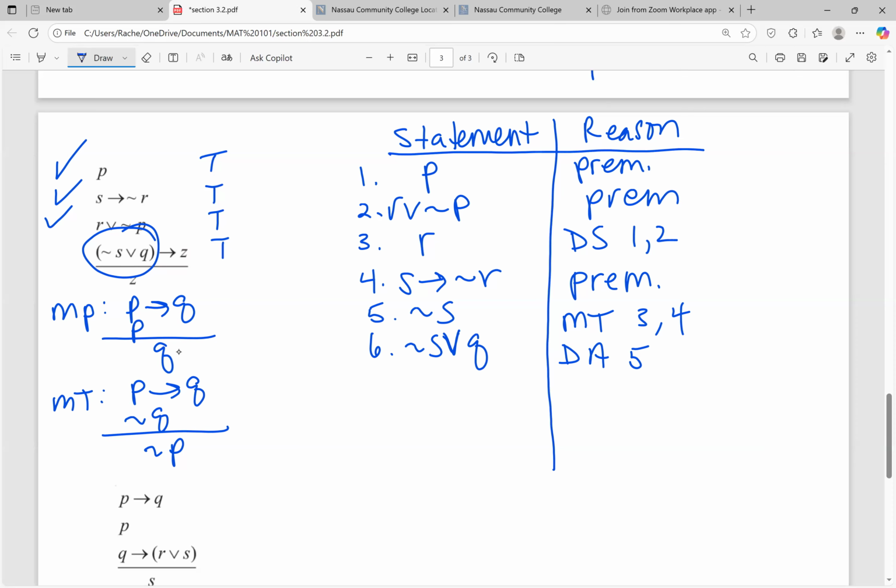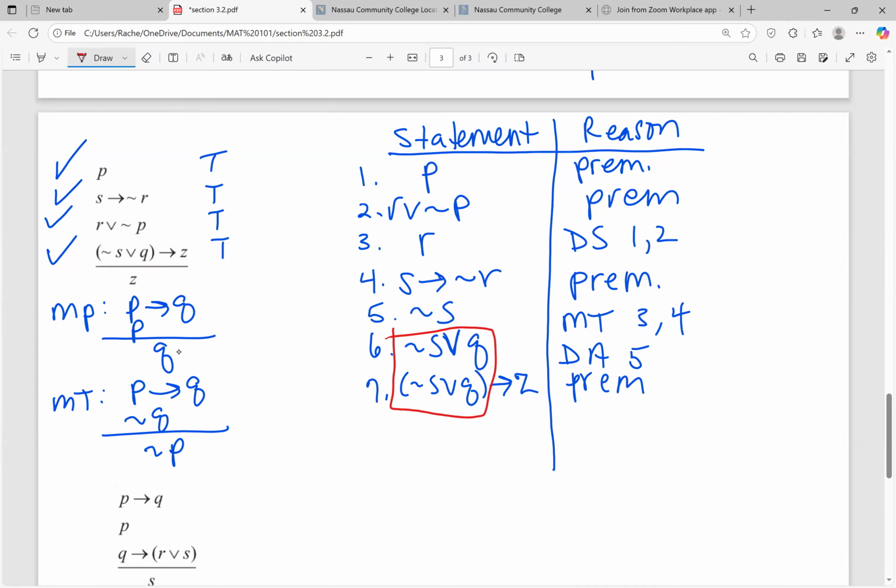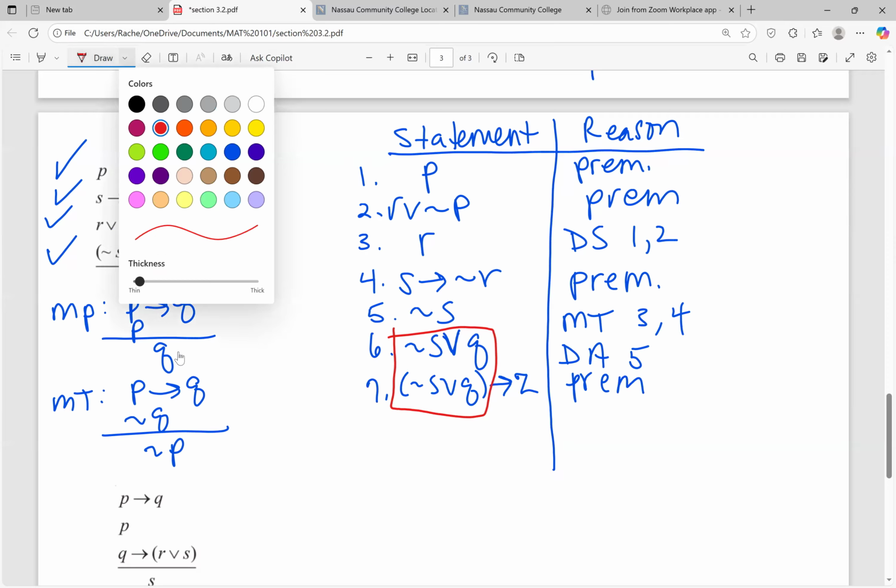Now that's the left-hand side of that fourth premise, right? Not S or Q. So I'm thinking, okay, let me list now that fourth premise. So we have not S or Q implies Z. So it's a premise. And look, 6 is the left-hand side of the conditional in number 7.